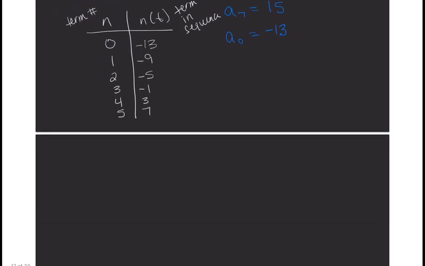Make our little table, or our little graph. 1, 2, 3, 4, 5, 6, 7, 8, 9, 10. I'm running out of room.